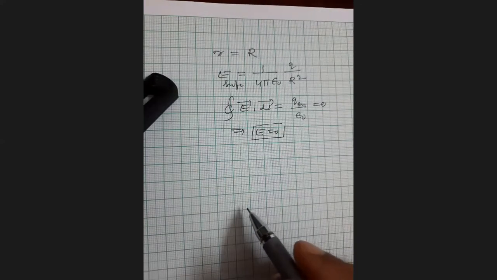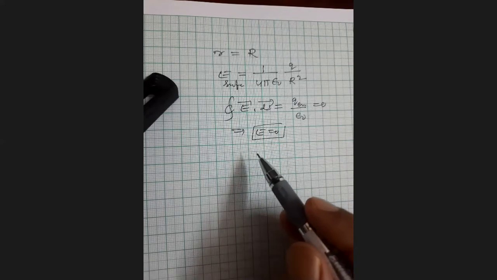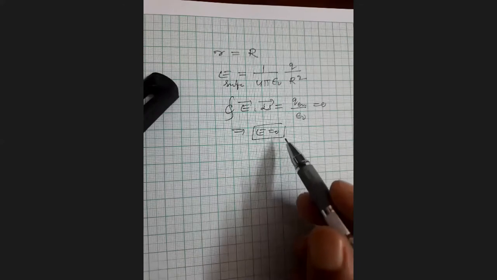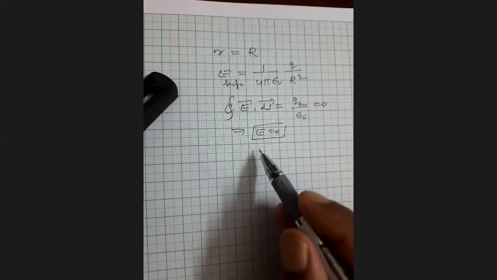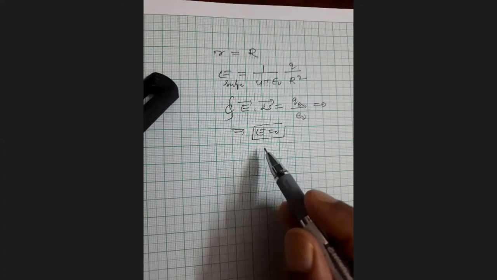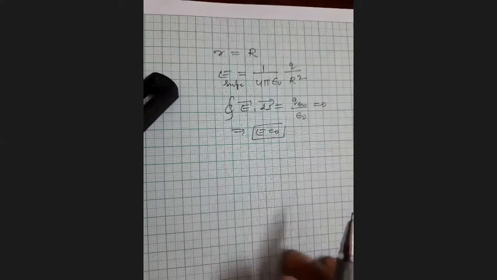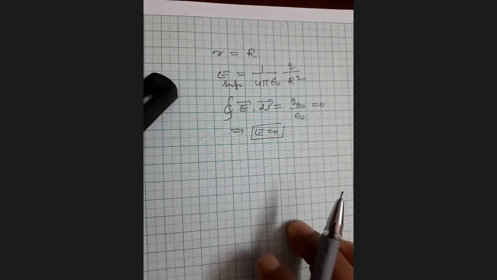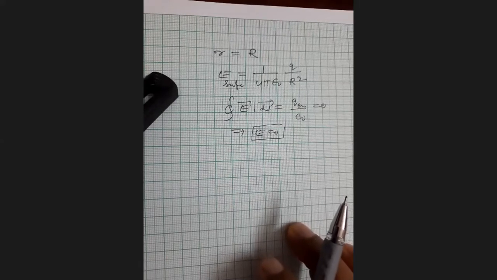Simply you can understand that if there is no charge inside the conducting sphere, then there will be no flux. Therefore, the electric field strength inside the conducting sphere at every point is 0. Hence, the electric field strength at the center of the sphere also equals 0.